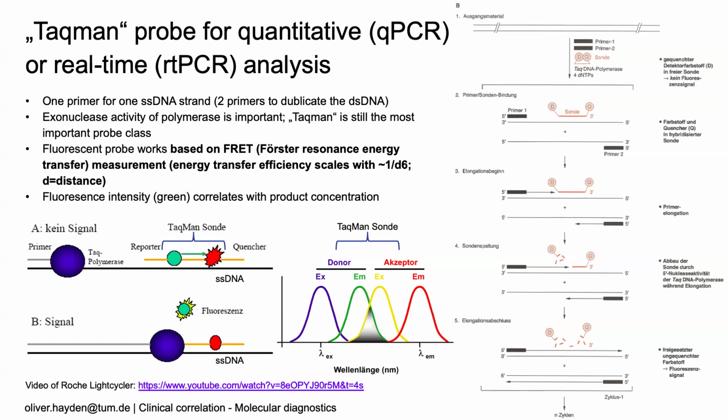The donor and the acceptor or the quencher, however you want to call it, they will be separated from each other. And that means those fluorophores will be completely separated. And you have then either high intensity or low intensity, whatever you're looking at. Okay, this is now the specificity you're getting. And that allows you to tell how much I have been amplifying. This is real-time analysis. You can even do it on single molecule level.